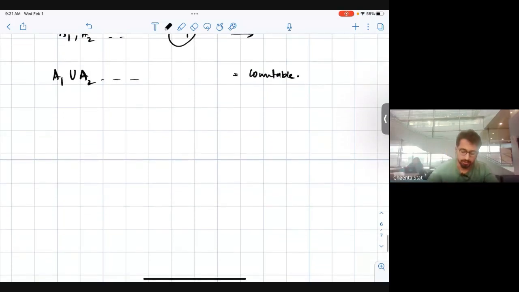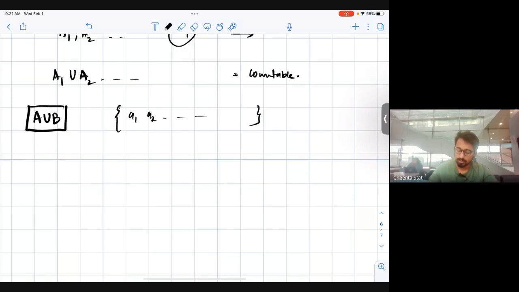Let's forget the countable union for now and understand the finite union, A union B. A union B is countable. Very simple. If you take two countable sets, A1, A2, and so on, and B1, B2, and so on, and combine them, there will be some common elements.